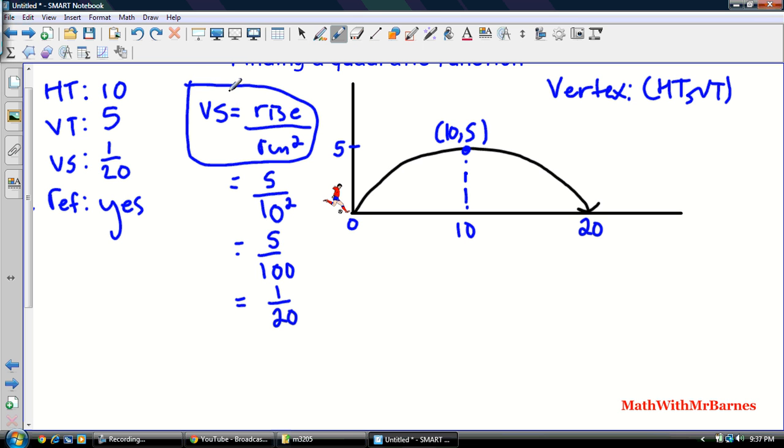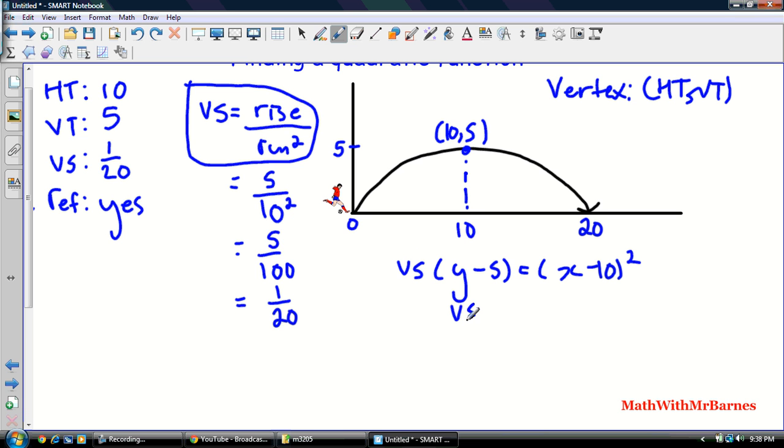If you want to use algebra, by all means, you could go ahead and use vertical stretch times y minus 5 equals x minus 10 squared. Take my point, either 0, 0 or 20, 0. I'll use 0, 0 obviously because it's easier. Let me try this again.